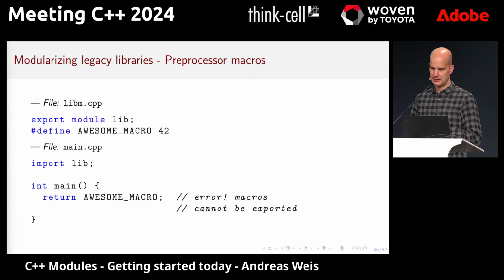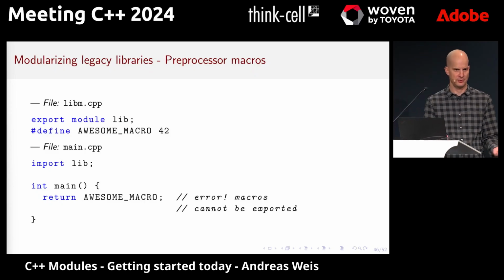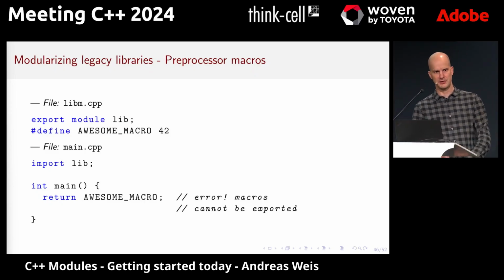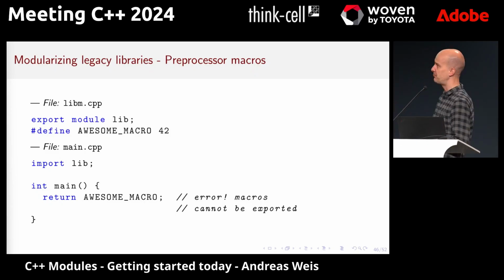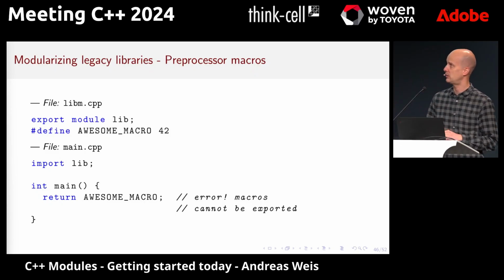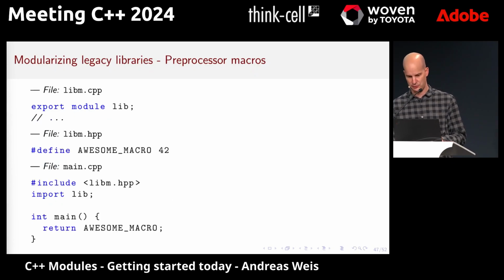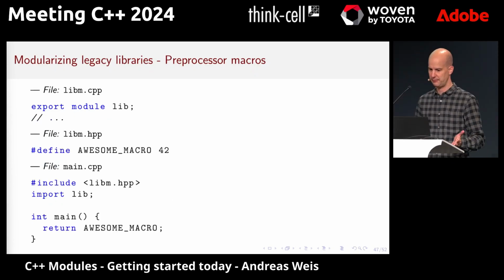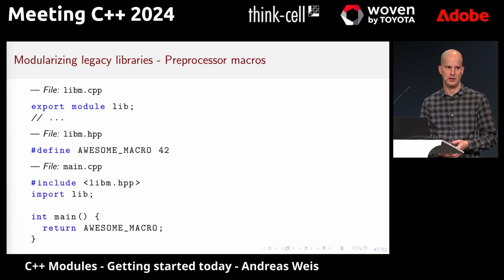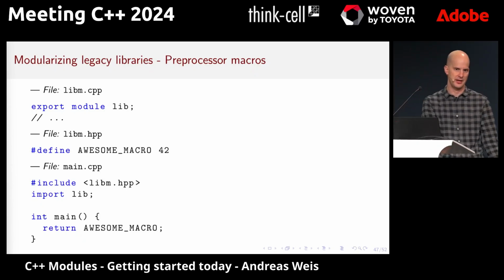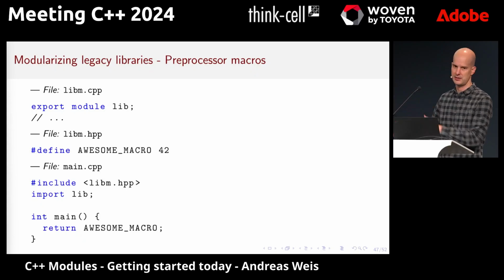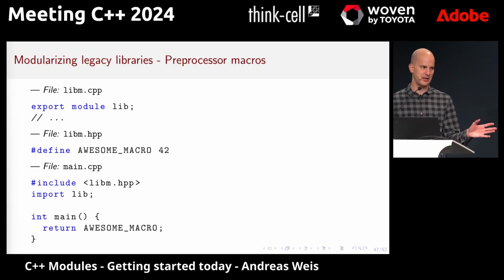Really quick before we wrap up, one thing you cannot export from modules is everything that has to do with the preprocessor. This is a feature. So if you have preprocessor stuff in your library that you want to export, you need to either ship a header file along with your module, and then you put all of the preprocessor stuff in the header file and everything else into your module source file, so you have to split it up.